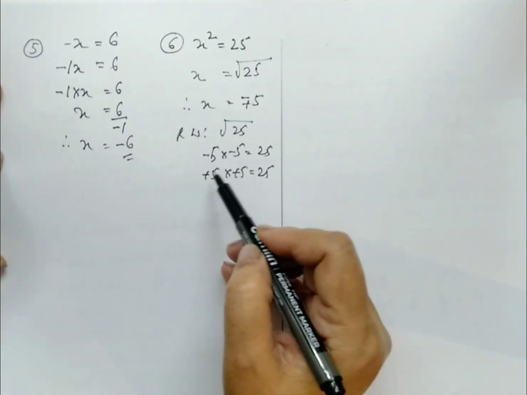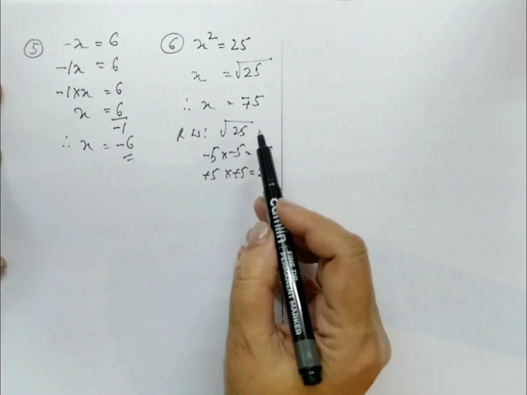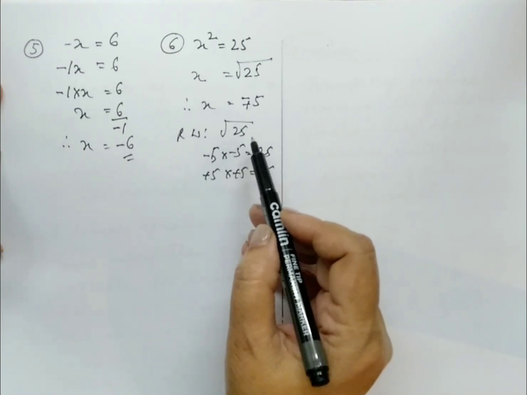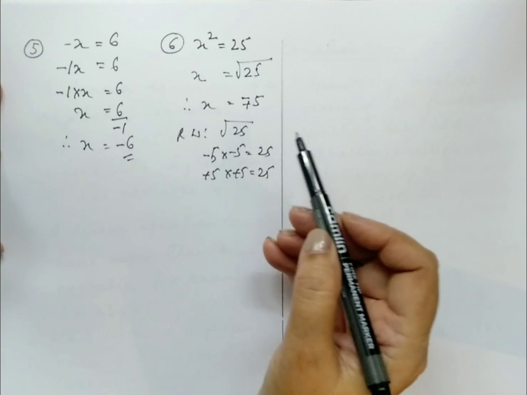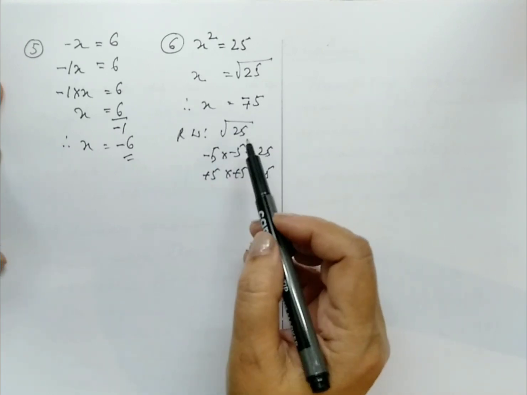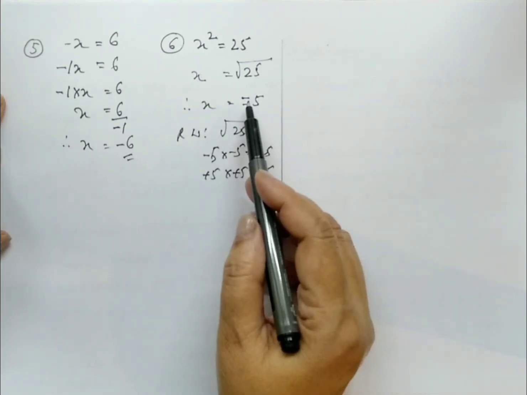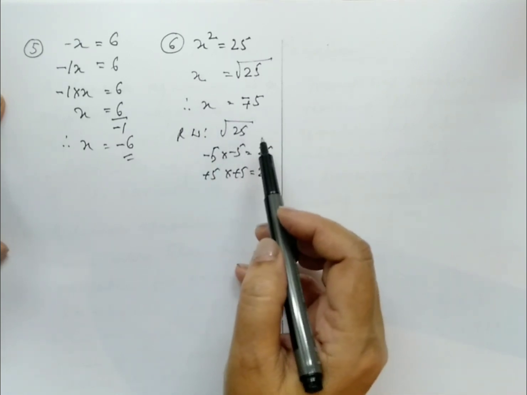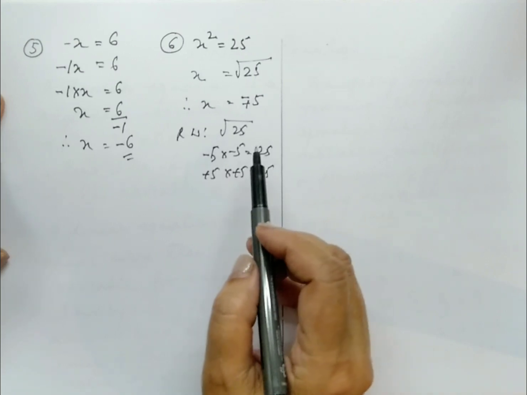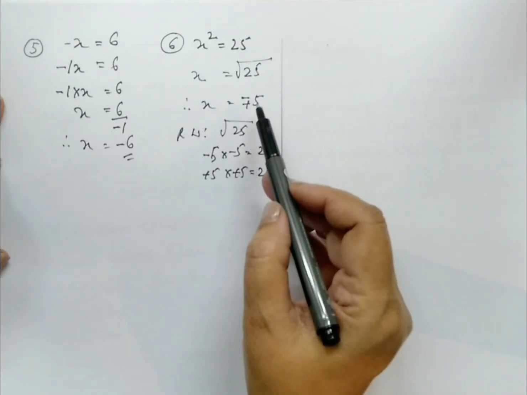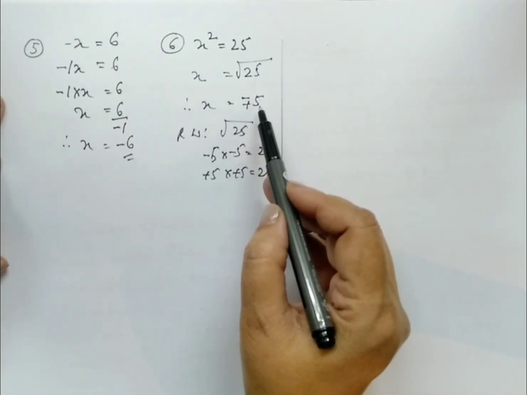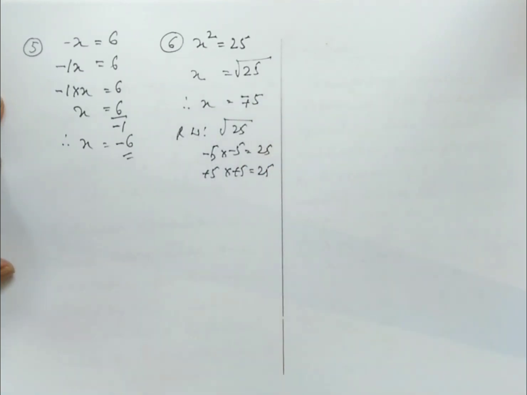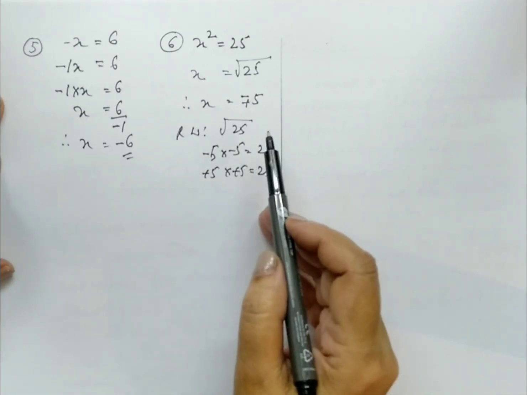Which is why we have two options open for us whenever we are trying to find the square root of any number. Correct? So in this case our answer is minus and plus 5. Of course there are certain limitations which you will study in higher classes, but for now you should understand that there will be two values of the square root of 25 here. Minus 5 and plus 5.